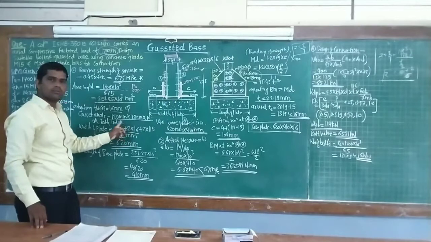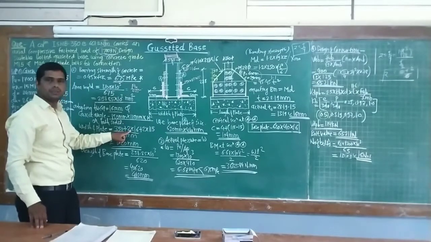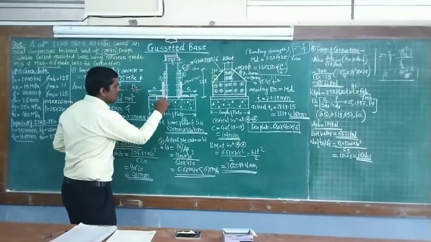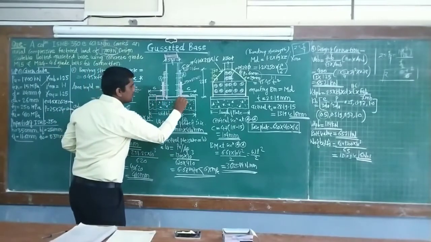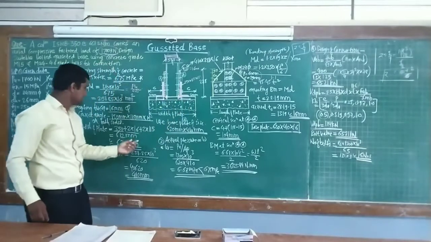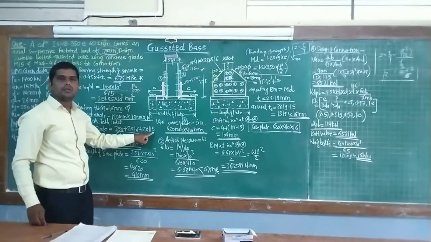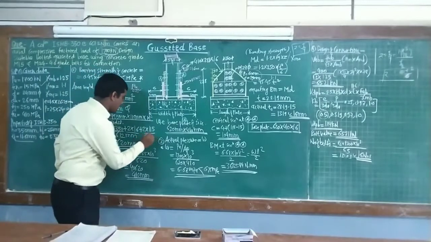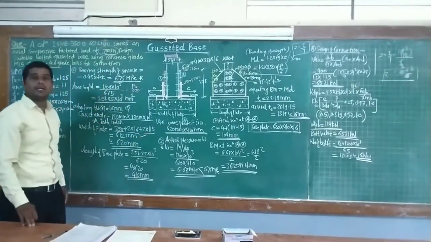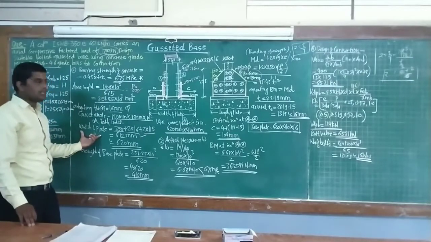We have provided it on both sides, so we multiply by 2. Both angle sections we have placed, so that is 150 mm on both sides, that is 2 into 150. If you make the calculation, you will get the answer 612 mm. So that is the width of plate.